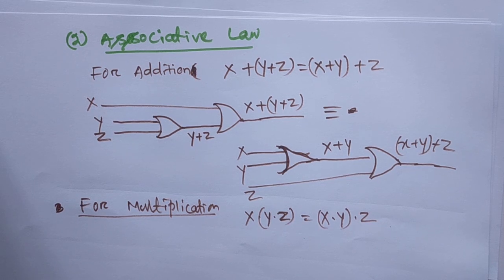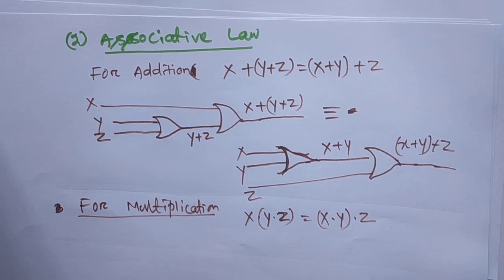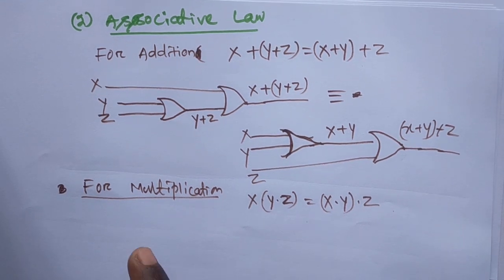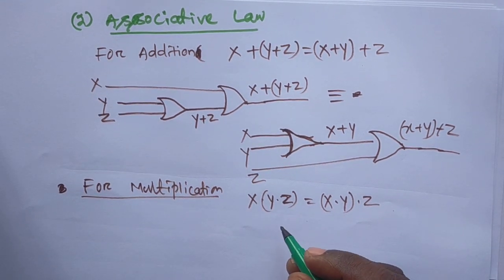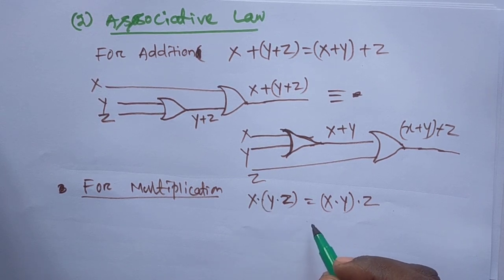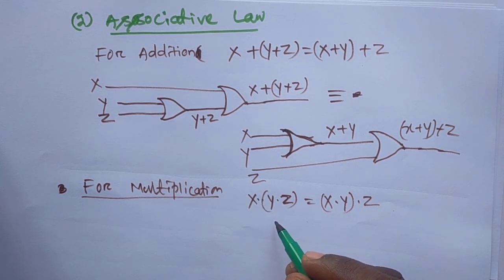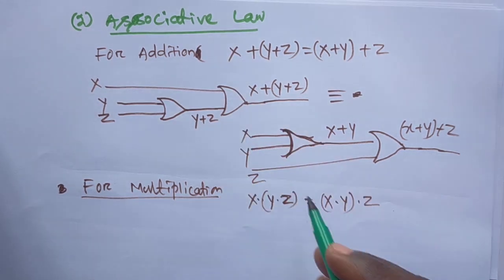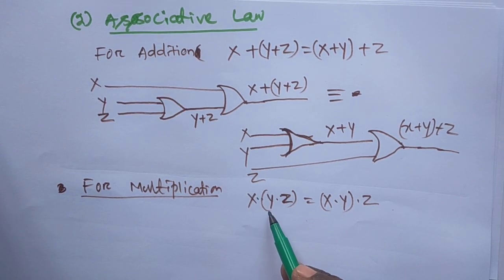Now you see how it is defined. First, here we use the AND operation, because it is multiplication, so we use an AND gate, whereas for addition we used an OR gate.